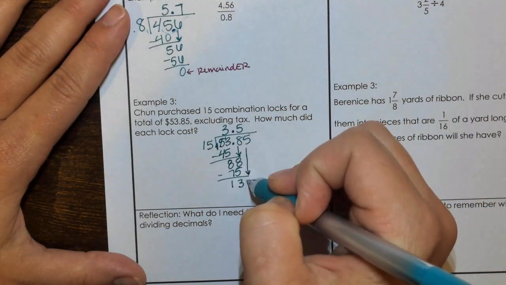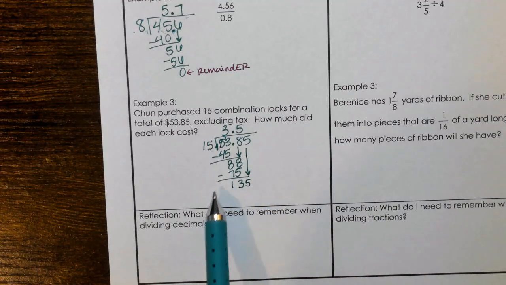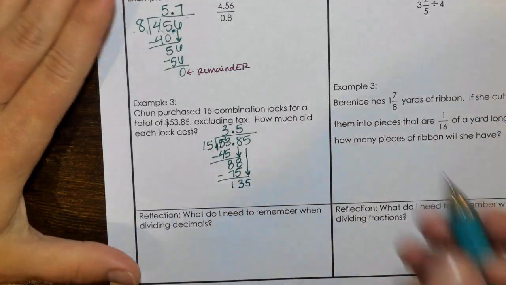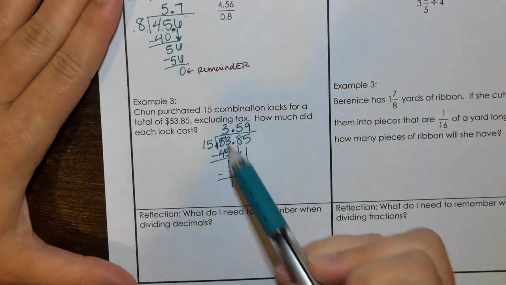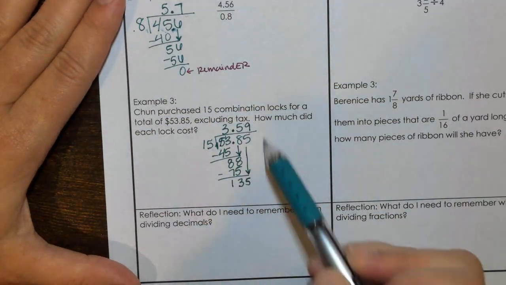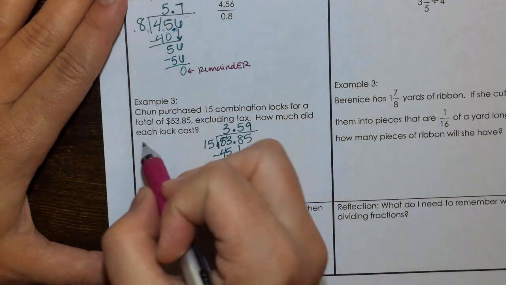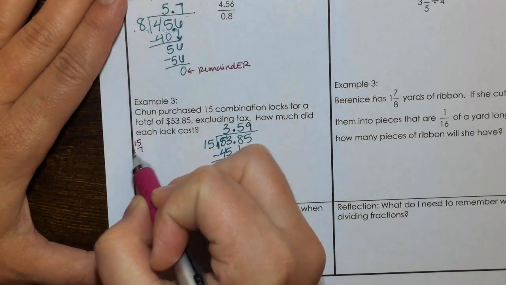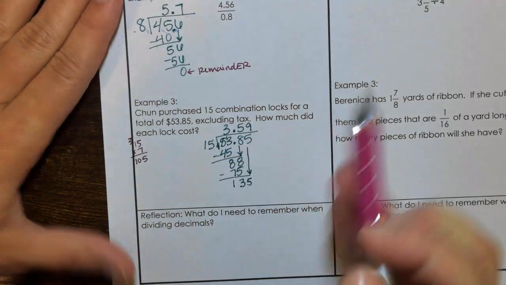And let's bring down the number 5. How many times can 15 go into 135? That'll be 9 times. If you don't know this multiplication, that's okay. You can go over to the side and you can try 15 times 7. 5, carry my 3, 7, 8, 9, 10 is 105.